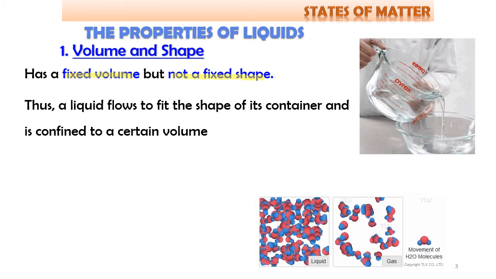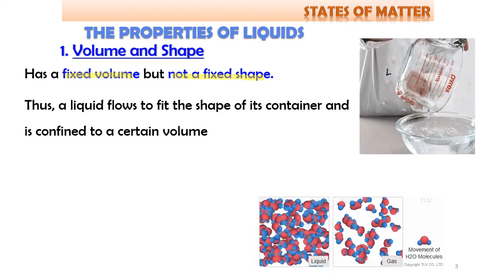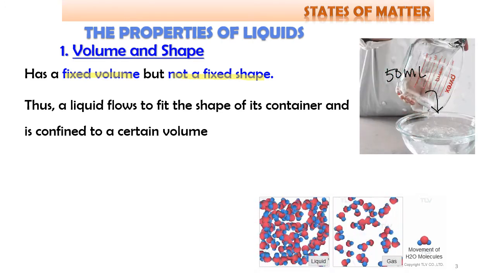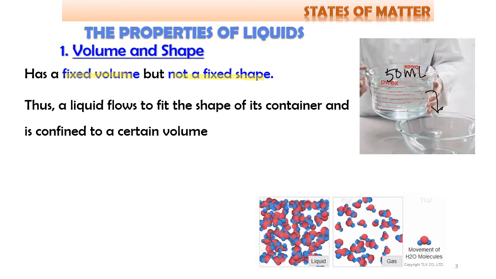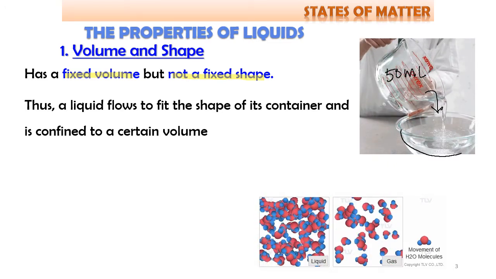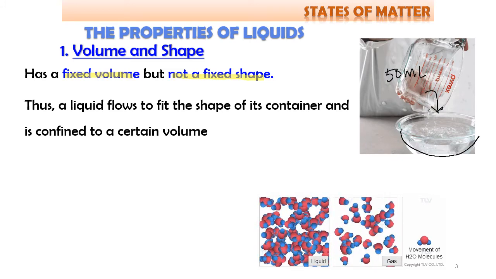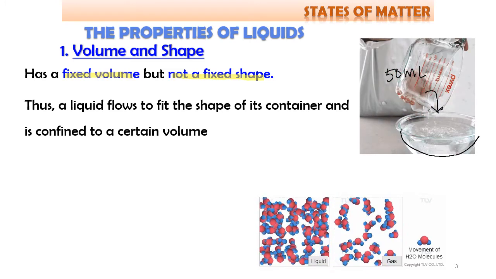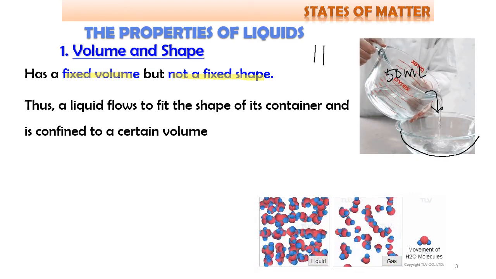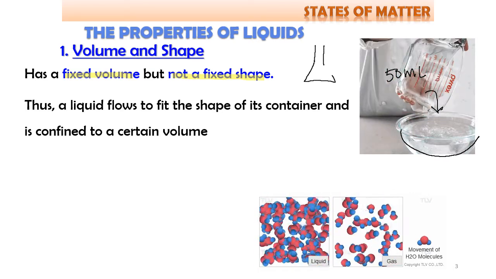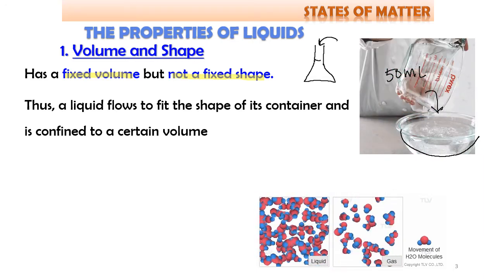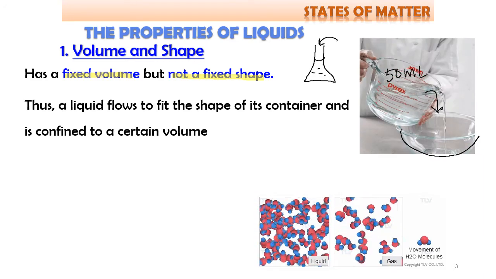It means if you have 50 ml of your liquid, if you pour them into a bowl, your liquid will follow the shape of its container. If you pour into a different container, let's say a conical flask, your liquid will follow the shape of the conical flask.